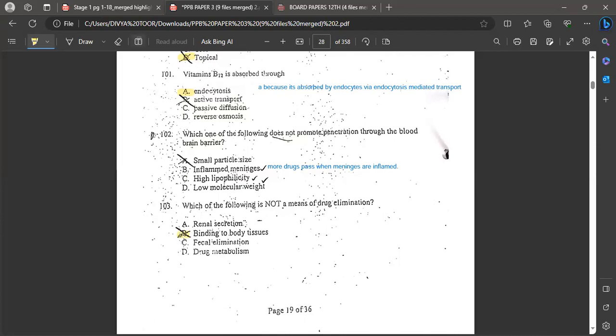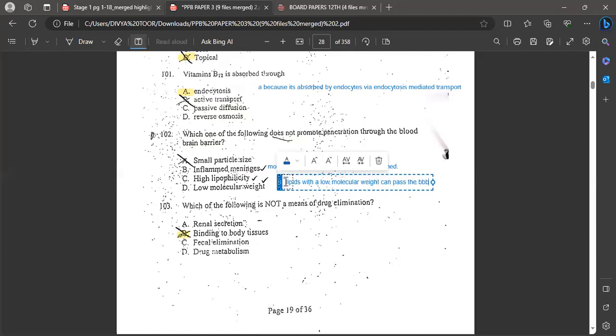Everywhere they are talking about molecular weight. I've not seen anywhere that they are talking about particle size. But even the question is asking does not promote. So A is right.